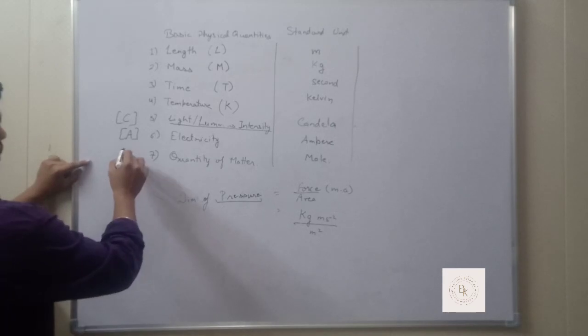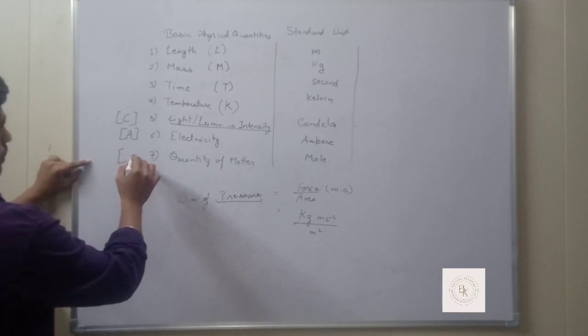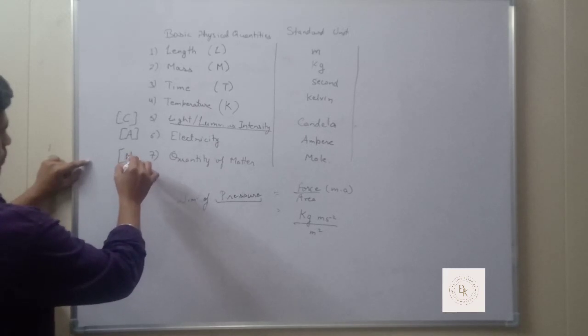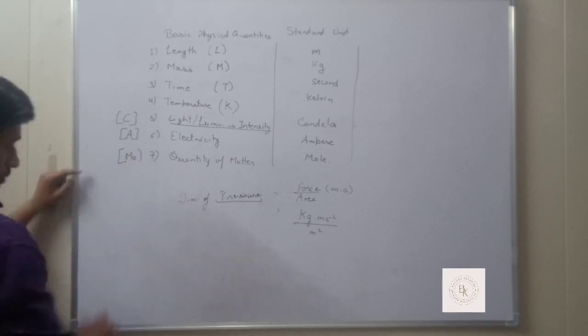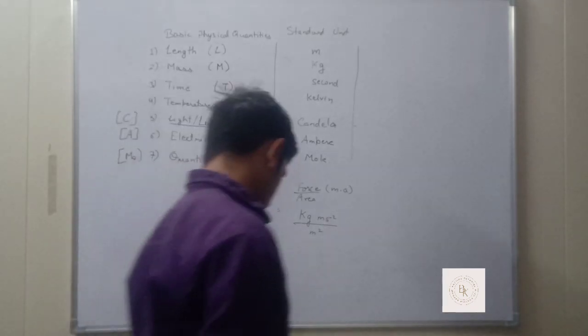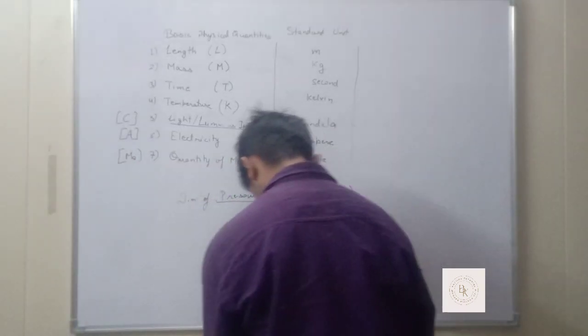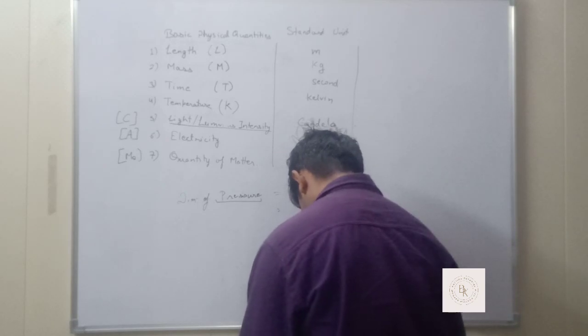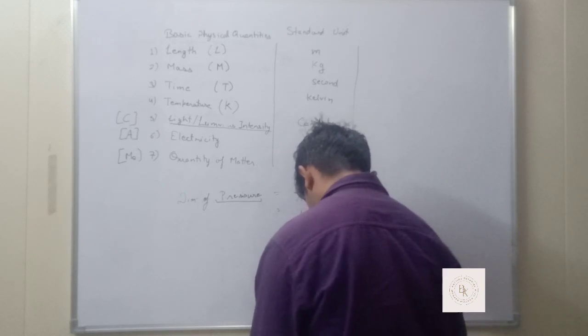For quantity of matter, mole, here what we use is, I think, a small mo. Please check whether it is right or not. It's mo. So this is the next part of our chapter.